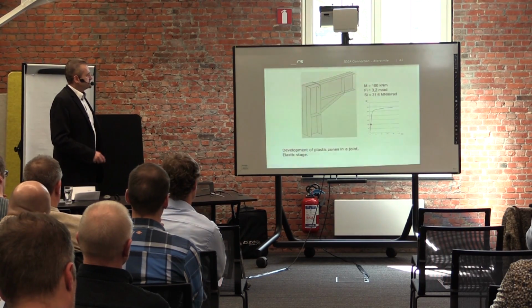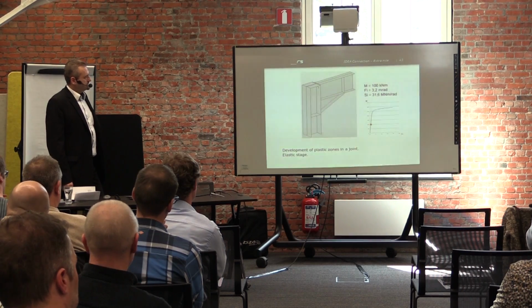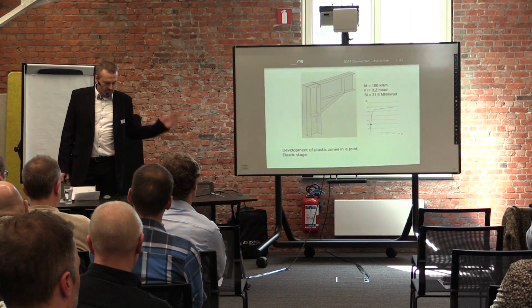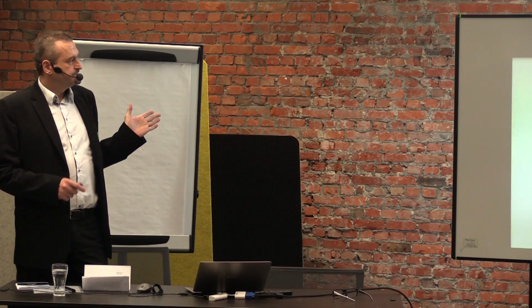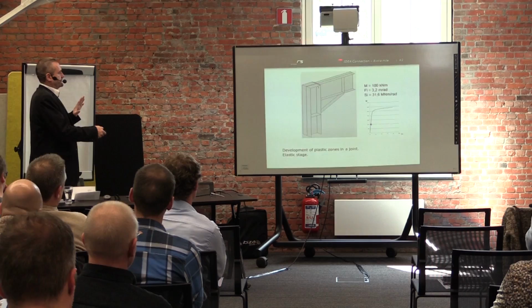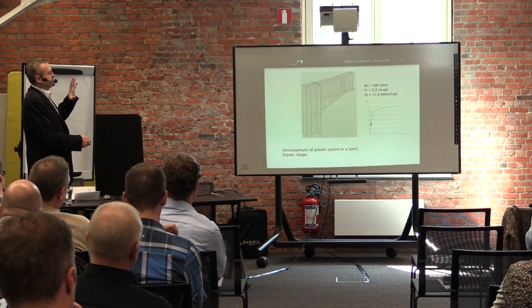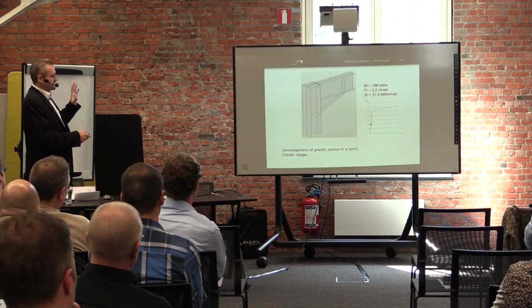And when we do this, we can draw the diagrams of this evaluation, and we got an idea to put together this diagram of stiffness, which is quite obvious, and also the picture of the situation in the connection.